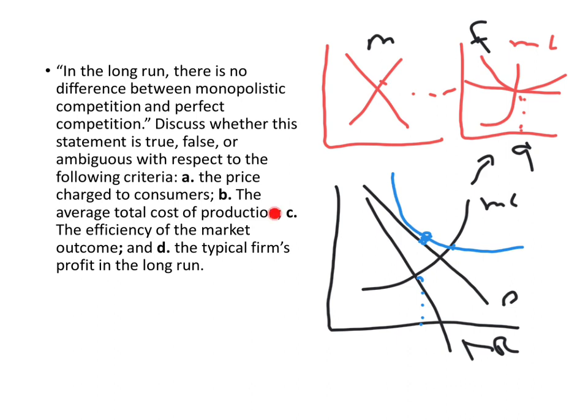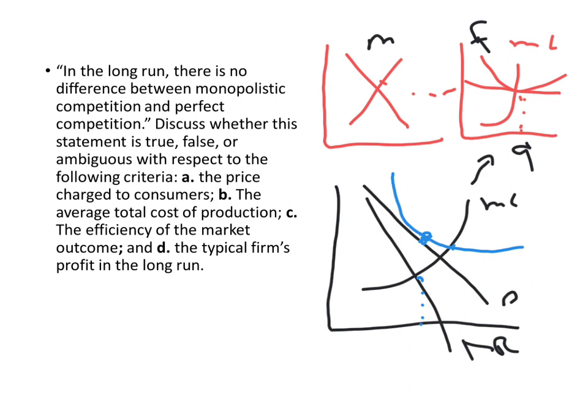The average total cost of production, the ATC, is definitely going to be lower in perfect competition because they're producing at minimum ATC. Despite the fact that this firm is breaking even, there is a minimum ATC all the way over here. The monopolistic competitor is not producing at minimum ATC when they are breaking even in the long run.